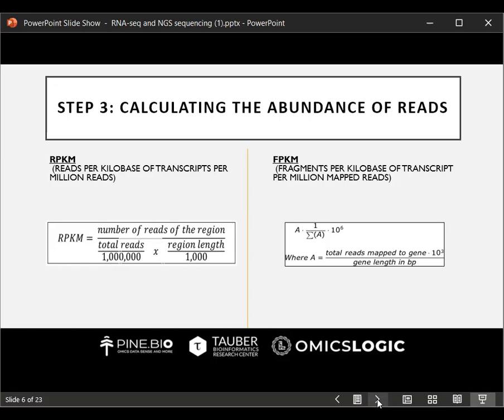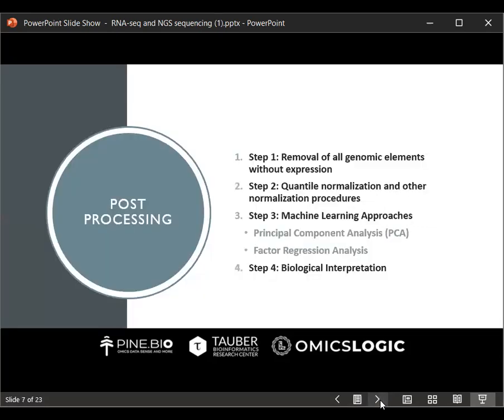Now, the fourth process is post-processing. The post-processing involves four major steps in general. First of all, removal of all the genomic elements that are without expression, so mainly the removal of elements showing no expression values.